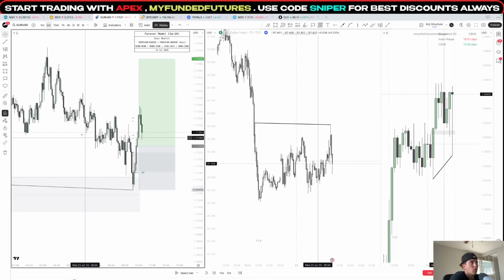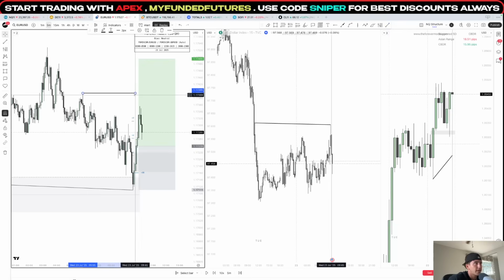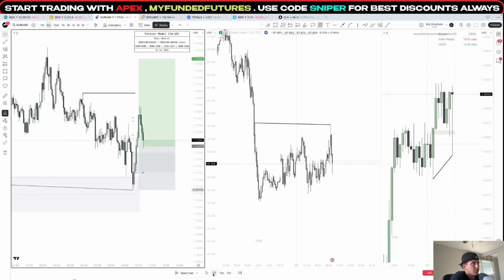But there was this high here that when we ran it, this was my point of going break even, pretty much. And on top of this, see how we closed above this up close candle here? Let's say you missed the inverse fair value gap, or you missed buying here.